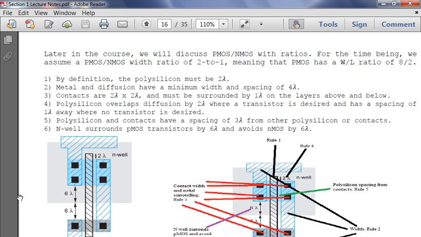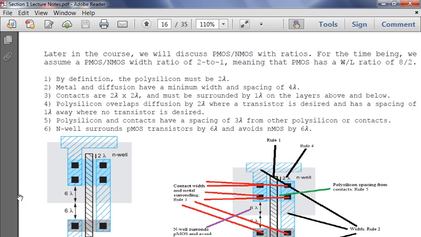Then you have rule 1, this is 2 lambda. Then we have the contacts rule. Each contact is going to be 2 by 2, and then it's going to be surrounded by 1 lambda of metal. Then this rule here, 6 lambda from the metal to the end of the diffusion region, this is the end well for our PMOS transistor.